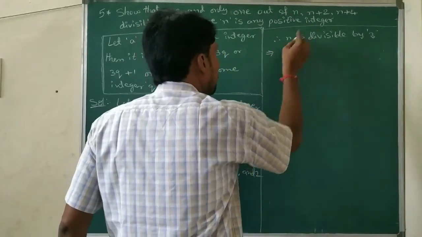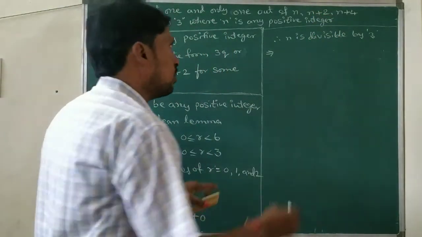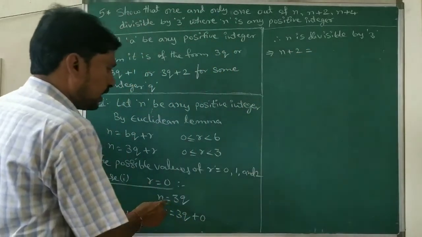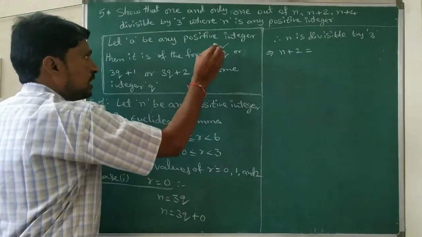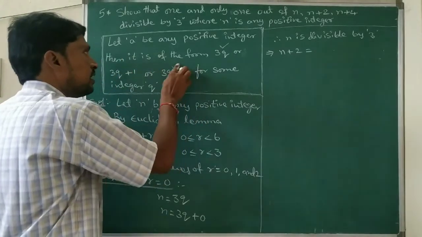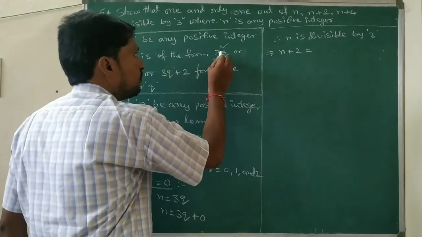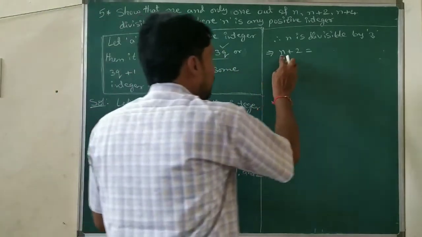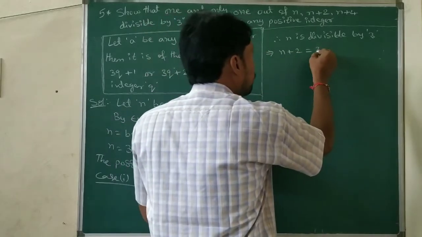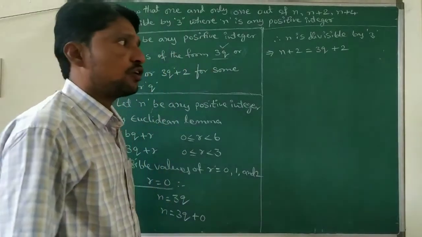Now we need to check whether n plus 2 is divisible by 3 or not. What n value did we take? First we took 3q, next 3q plus 1, and in the next case 3q plus 2. In the first case, we took n value as 3q. So n plus 2 equals 3q plus 2.